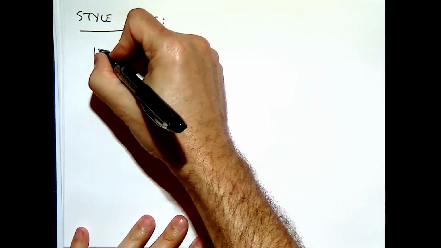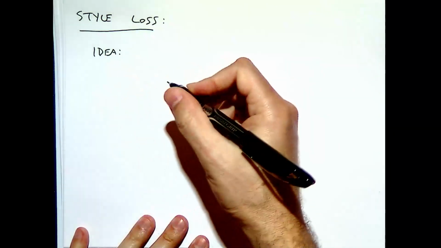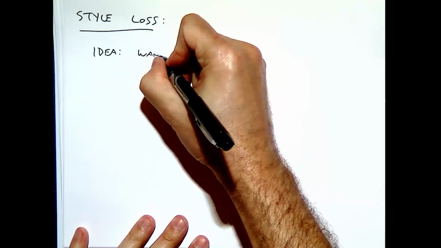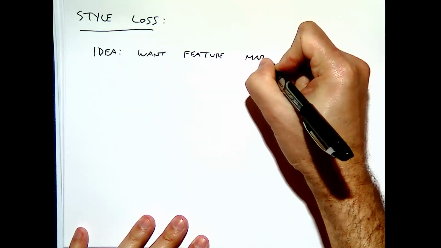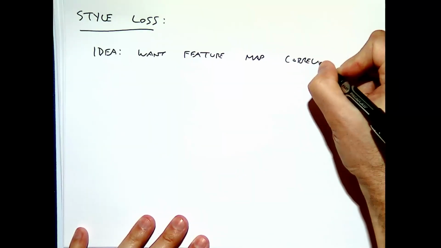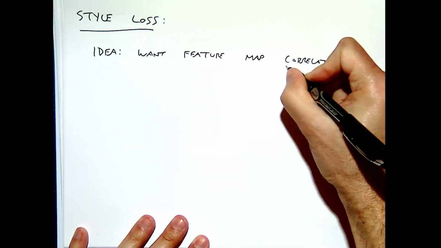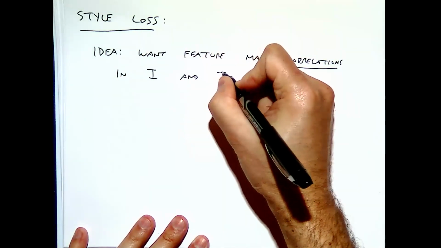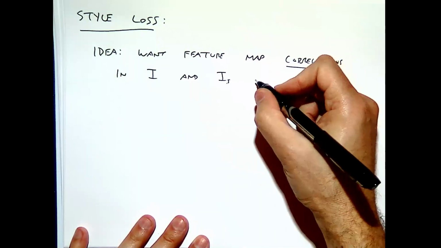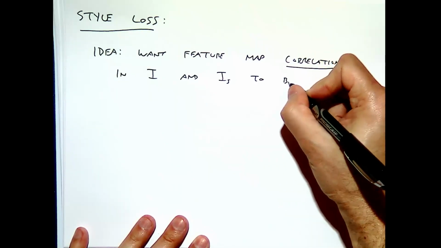So the idea, let me write down first, is that we want feature map correlations in I and I_S to be similar.